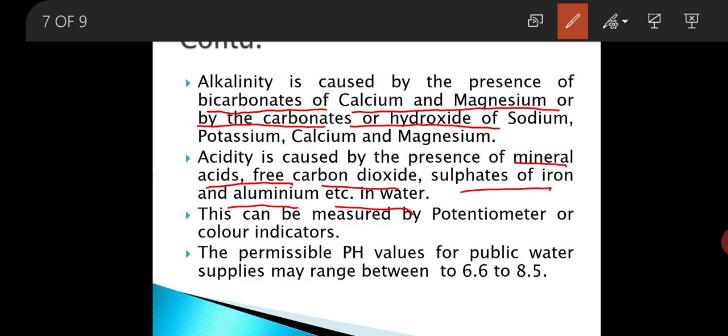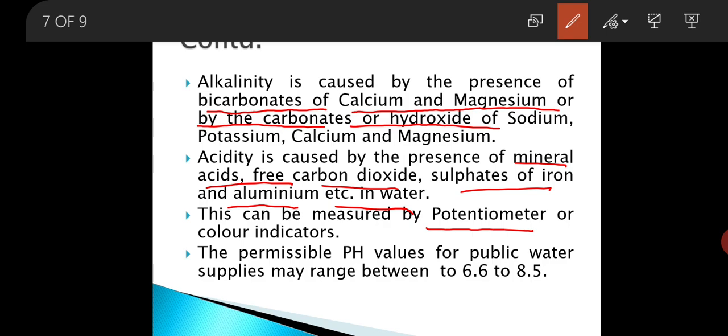Then this pH can be measured quickly and automatically by a potentiometer. So this potentiometer will measure the electrical potential exerted by hydrogen ions, and thus it will indicate their concentration. So from that we can find out the pH value.